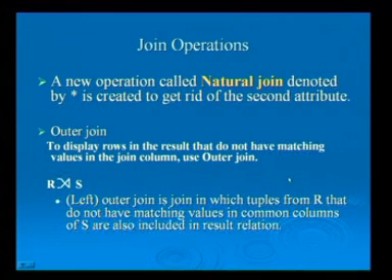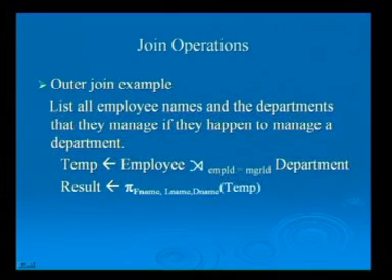Now, if I am to illustrate that with an example, suppose we want to retrieve all employee names and the departments that they manage, if they happen to manage a department. You know that only some of the employees can become managers to manage departments. So if we join these, most of the employees may not have a corresponding department.